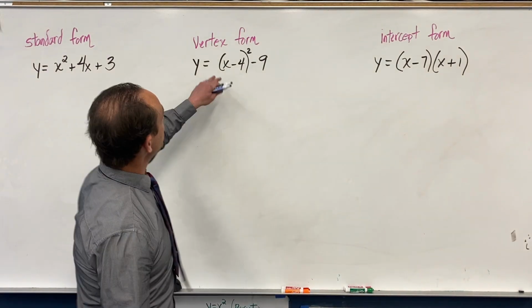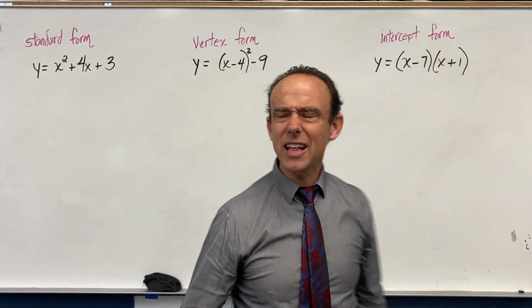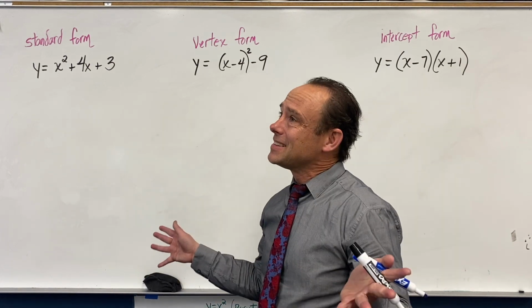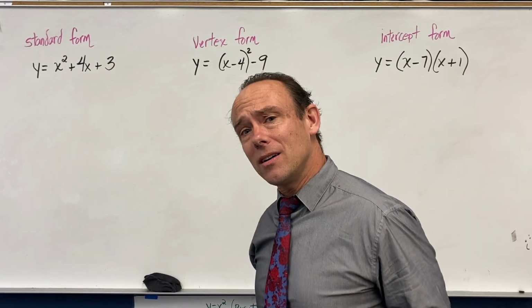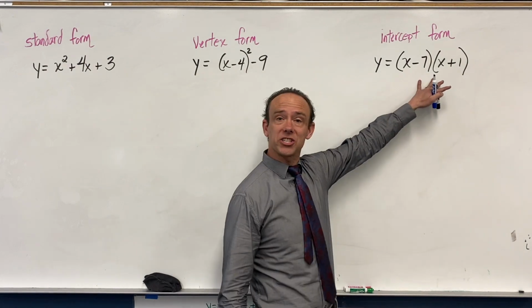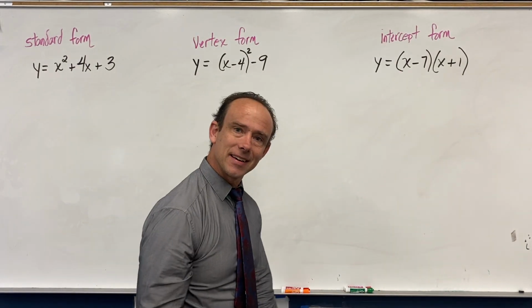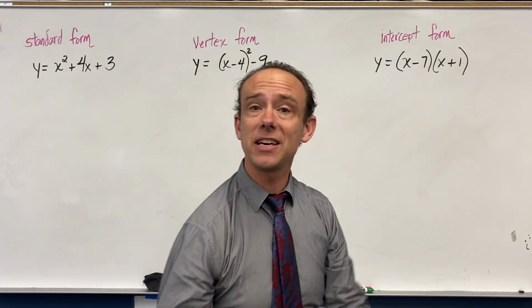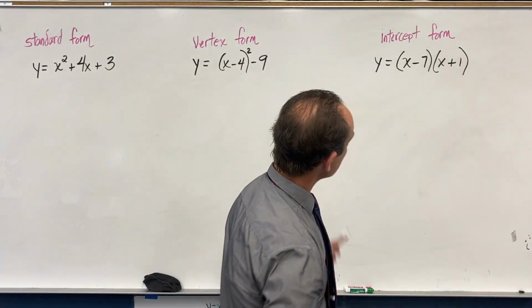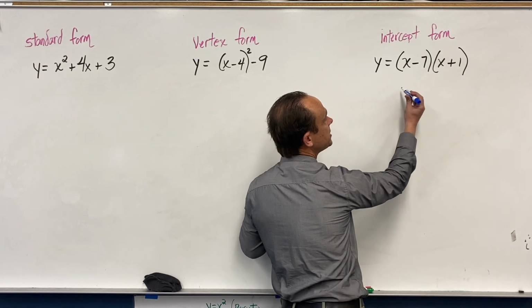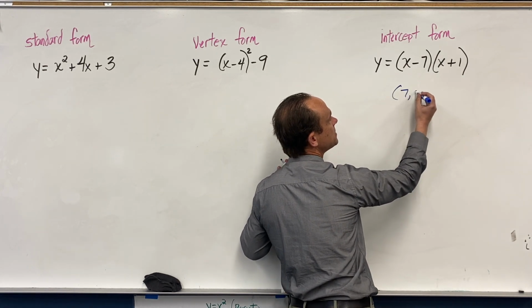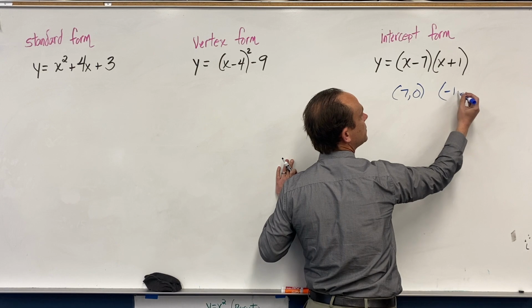If they give it to you in vertex form, you're like, oh, well, I can do it, but well. But if they give you the equation in intercept form, you got to be like, yes! Because the intercept form just gives you the x-intercepts. That's what it does. So the x-intercepts here are going to be at (7, 0) and (-1, 0).